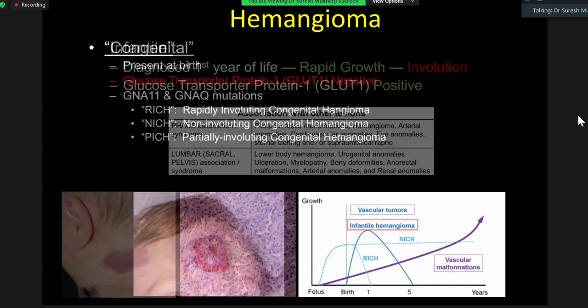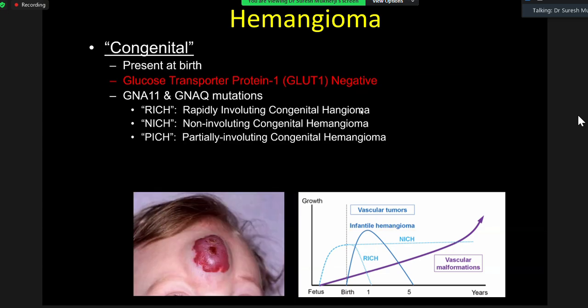Now let's talk about congenital hemangiomas. Congenital hemangiomas are the ones that are present at birth, and you see them when you're born. Just realize that these are GLUT1 negative. So that's how you can molecularly separate infantile hemangiomas from congenital hemangiomas.